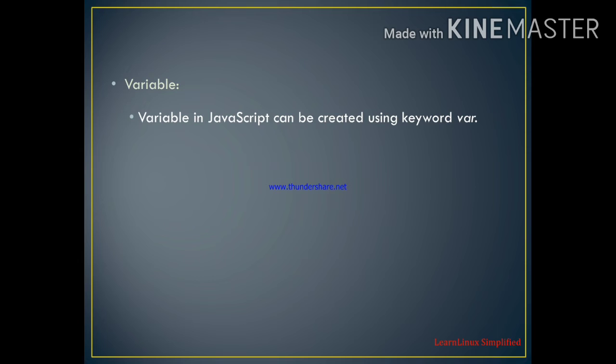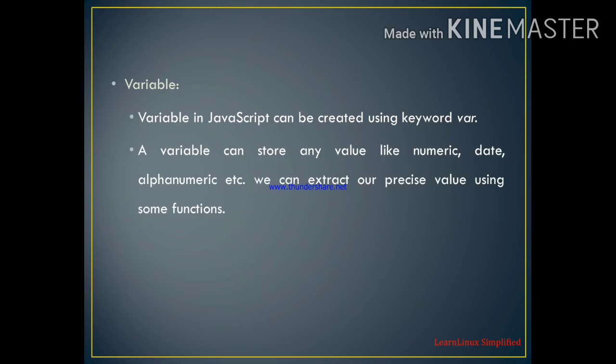Means we do not have any kind of type. A variable can store any value like numeric, date, alphanumeric, etc. We can extract our precise value using some function. So suppose we have added a certain value into the variable and we need to use that variable precisely as a numeric value.